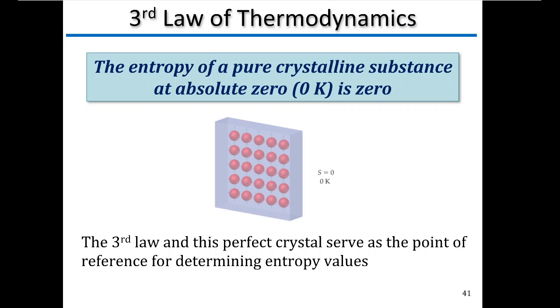With entropy, we've taken this idea of absolute 0 in a perfect crystal, and we've set that equal to 0 entropy. So S is equal to 0 at 0 Kelvin, simply because there are 0 degrees of freedom. We just have one microstate. Therefore, we have very low entropy, so low, in fact, that entropy is actually equal to 0. So that's how we define the scale. It's a reference point.